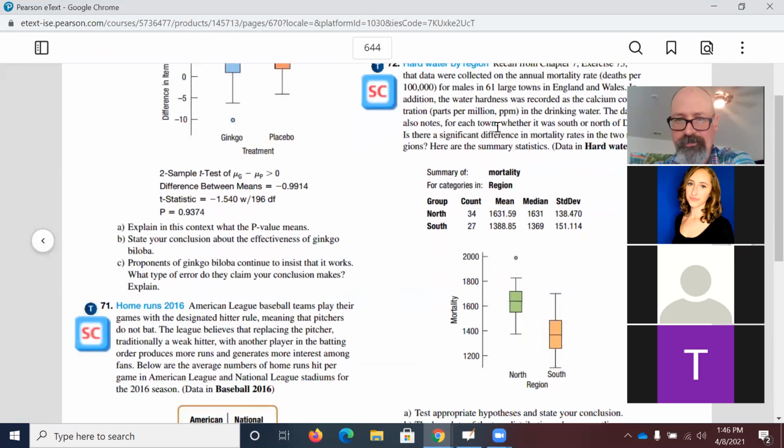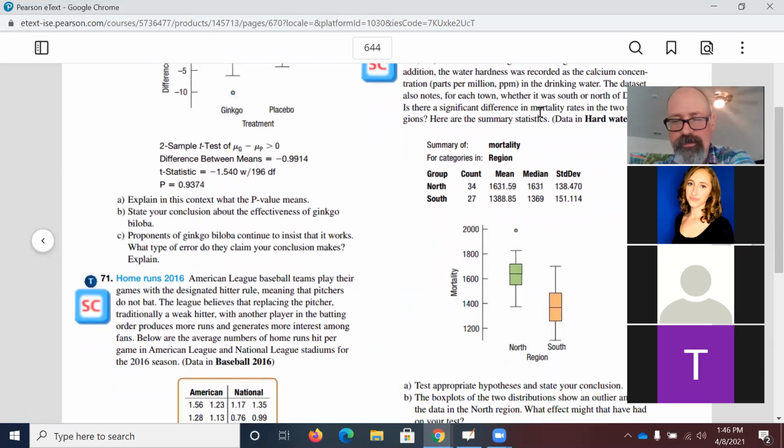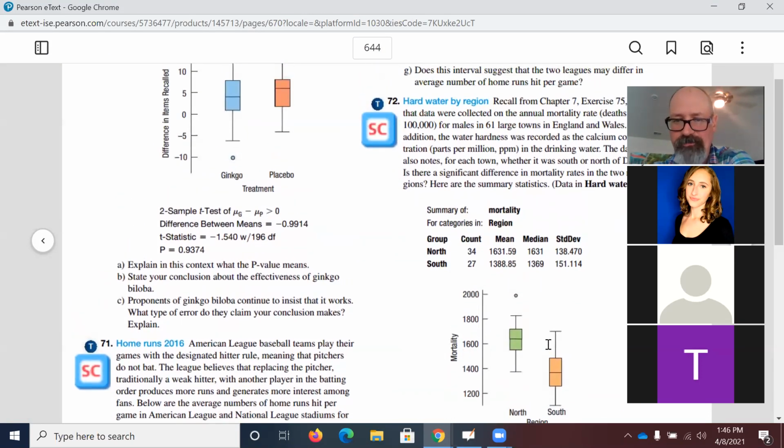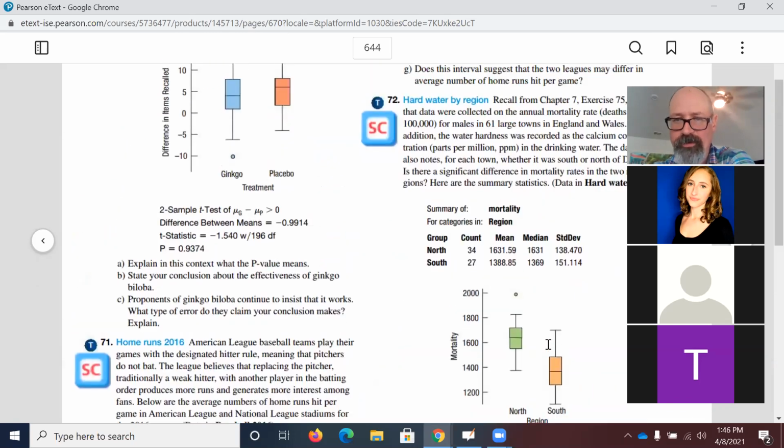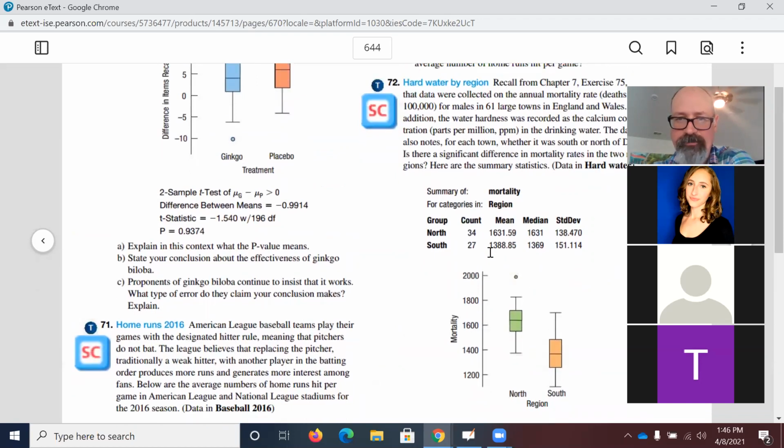It's a description about mortality rates as related to water. So this is giving you a little bit about some kind of mortality in different regions as related to some measurement that you're trying to make about water. So on a question like 72, you just have a summary. I'd like the groups to consider it.